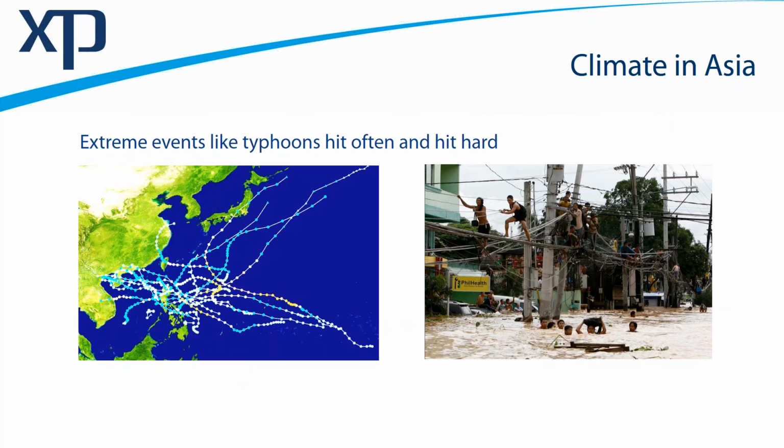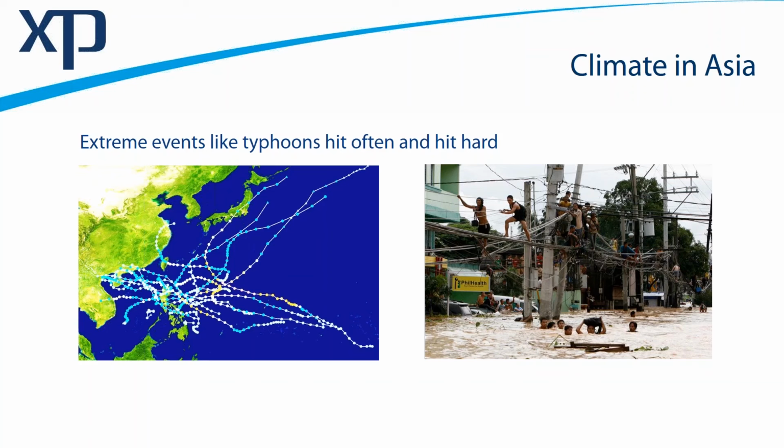This is an interesting review of the Philippines, further to the east, sort of the eastern extent really of Asia, and typhoons. Typhoons are quite a bad thing, and hopefully everyone can see that hopefully all the electricity is turned off in this particular photo.